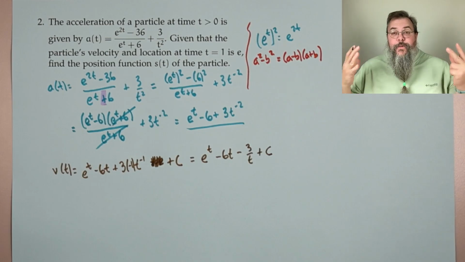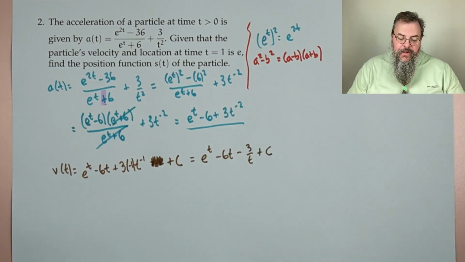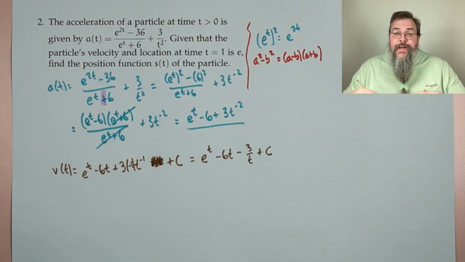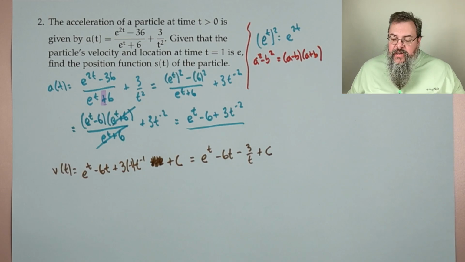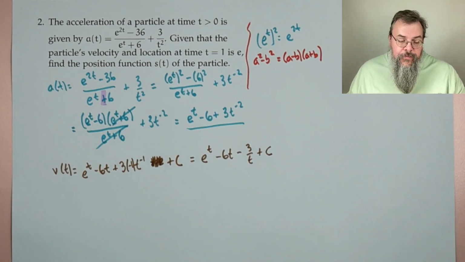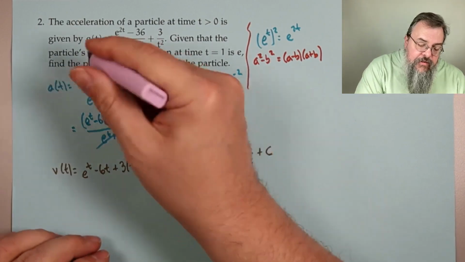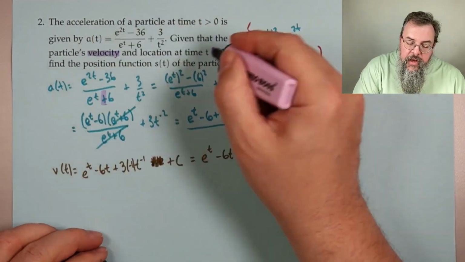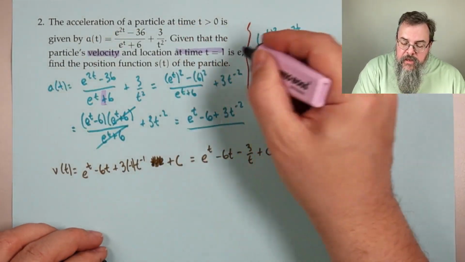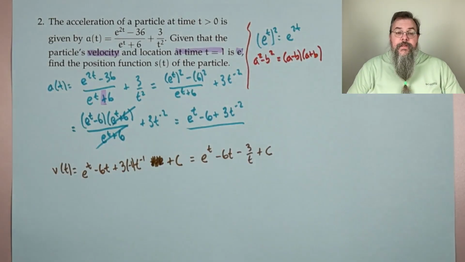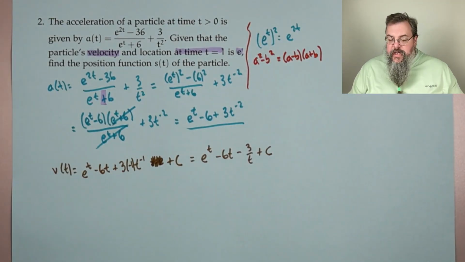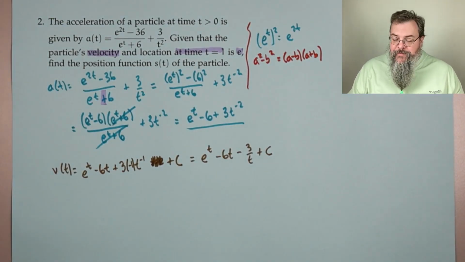Now, how do you find c? Well, you go back and you start saying, did they give us information? Did they give us a clue? And they did. They said, look, the velocity at time 1 is e. So we say, okay, let's plug in 1.